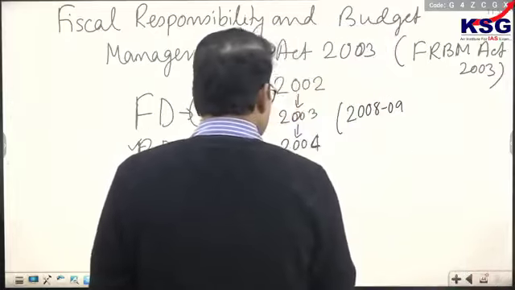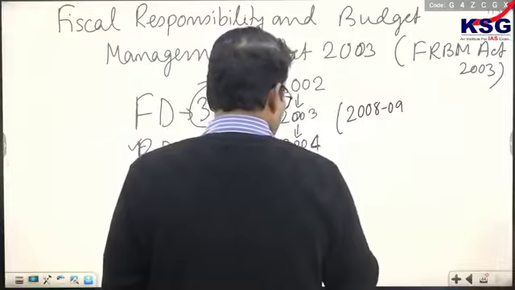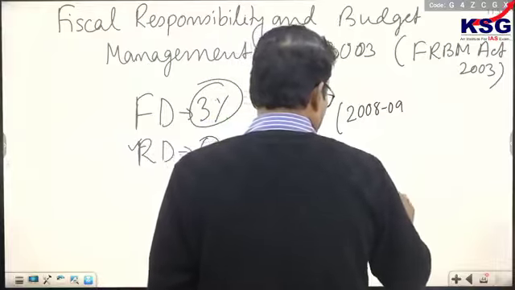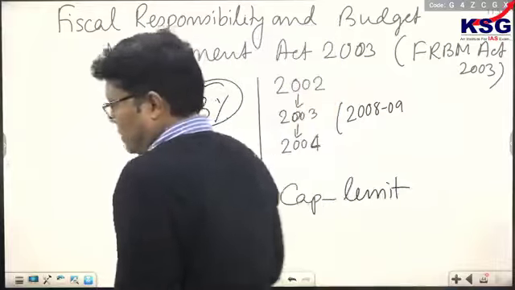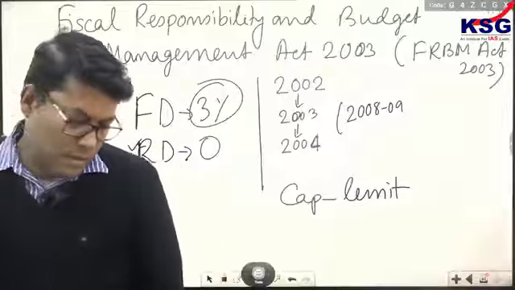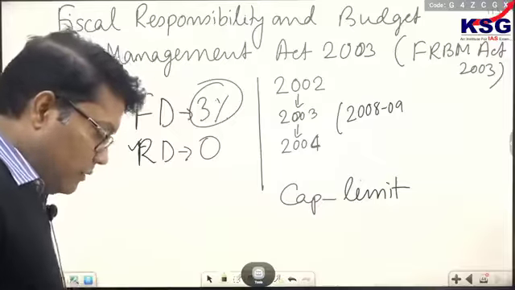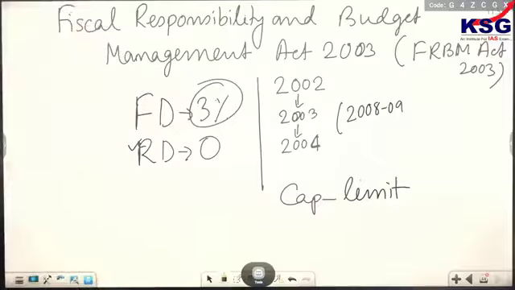There must be a cap on the level of total liabilities of the government. Okay, why is this provision there?